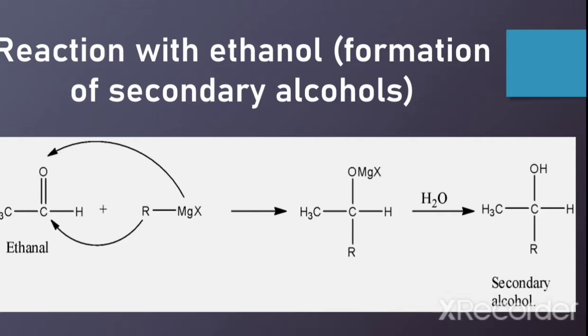So the oxygen double bond will break, and it will react with the magnesium halide, and it is a temporary state, and when it reacts with the water molecule, it will take its proton from the water, and the magnesium halide will react with the hydroxyl group and form a byproduct, and we have our final product, that is secondary alcohol.